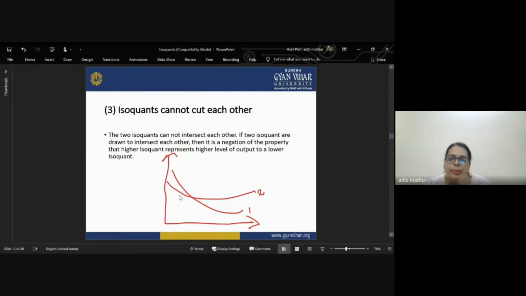And as they both are intersecting, that means they have a same point, and that means the output at isoquant 1 is equal to the output at isoquant 2, which is practically not possible. Because we have said that if it were the same, they would have been on the same line. So that is why we say that two isoquants never intersect each other.